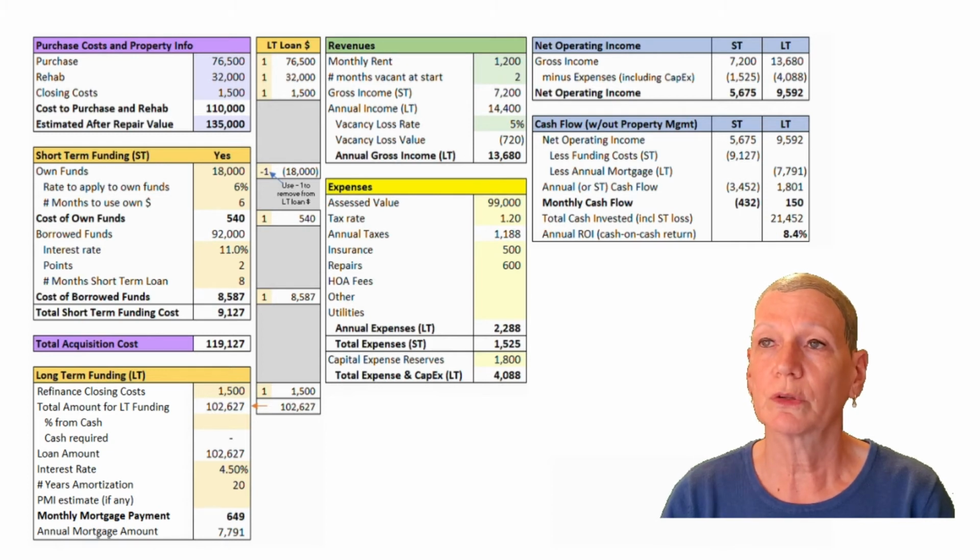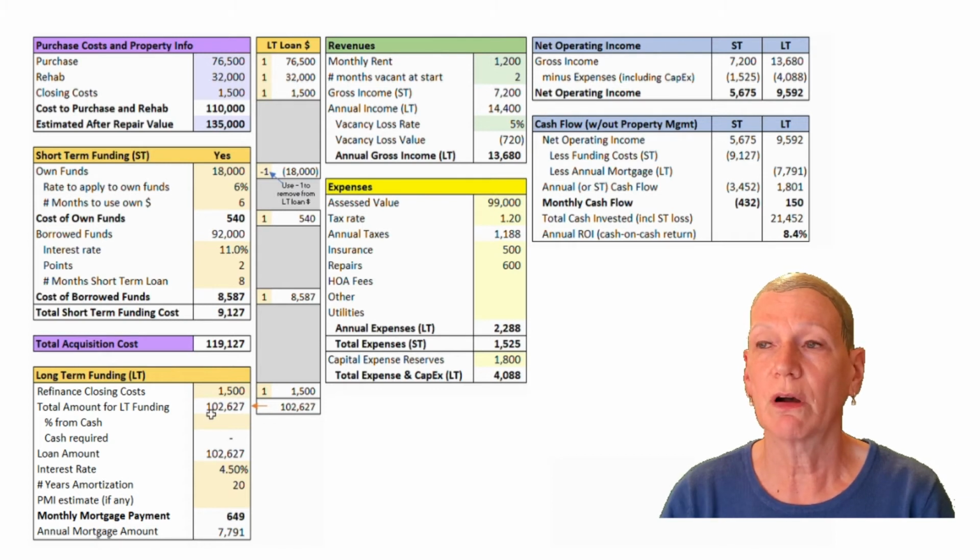So don't go back and change numbers just because you don't like the result that you got. It's a good idea to be realistic here. This is what you're doing with your analysis, is letting this tell you whether or not you're going to meet your cash flow target. However, there are still some things you can do.